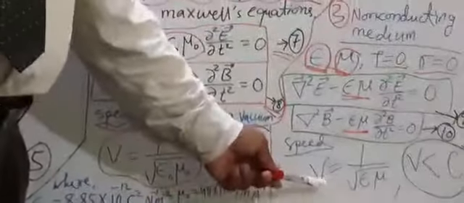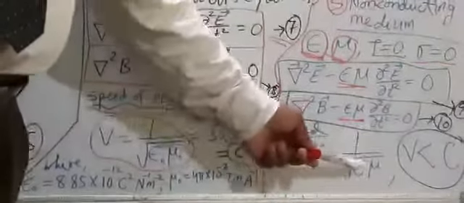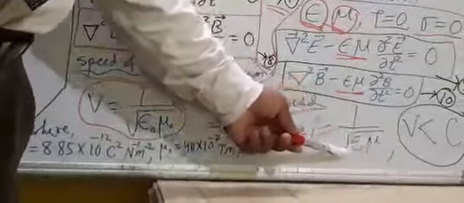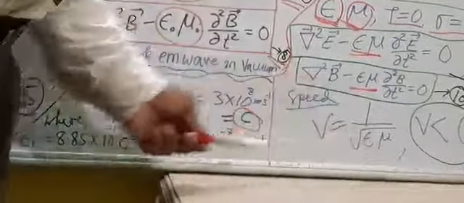Another question may come, a comparison. What is the speed in a medium, and what is the speed in free space? In any medium, the speed is 1 by root over epsilon mu. Here it is epsilon naught mu naught, and there it is epsilon mu.